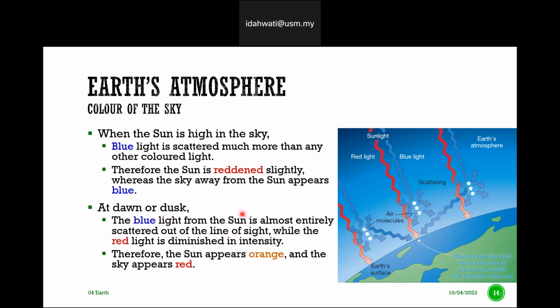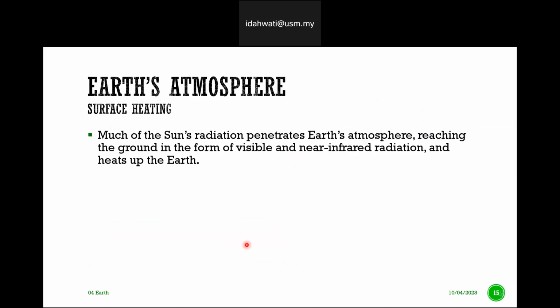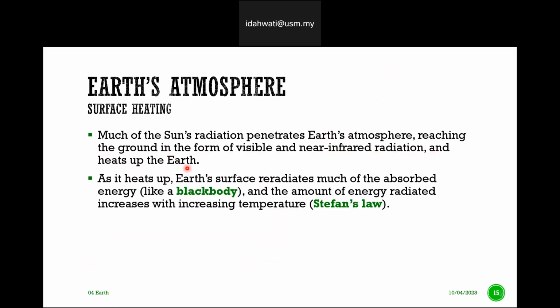So much of the sun's radiation penetrates the Earth's atmosphere and reaches the ground in the form of visible and near infrared radiation and heats up the Earth.